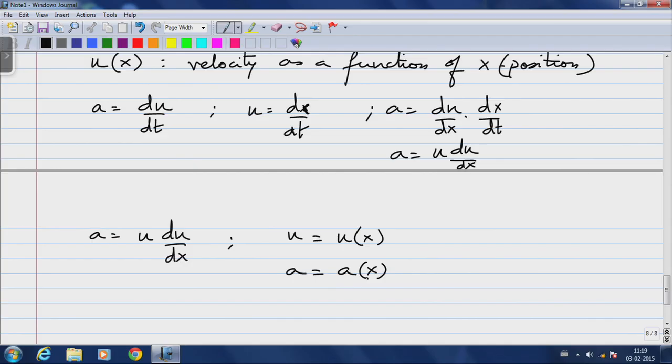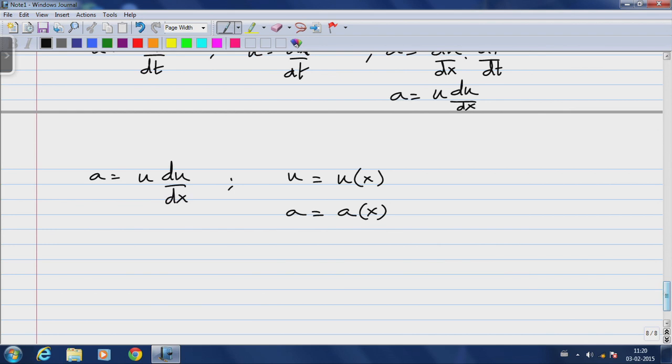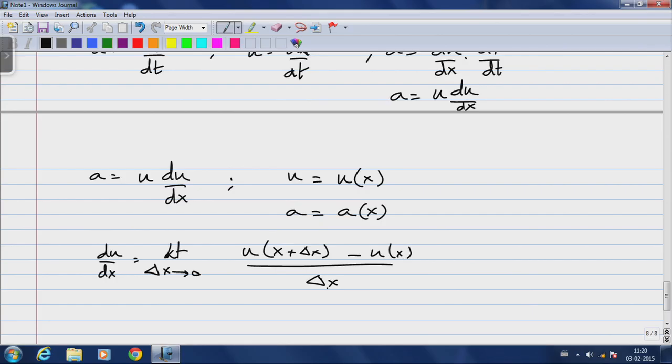Okay. So, if I know the velocity at various positions, here is a way to calculate acceleration, and I can use the same idea of du/dx being, in this case, the limit as delta x tends to 0 of u at x plus delta x minus u at x, divided by delta x.